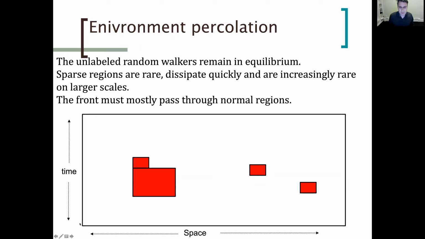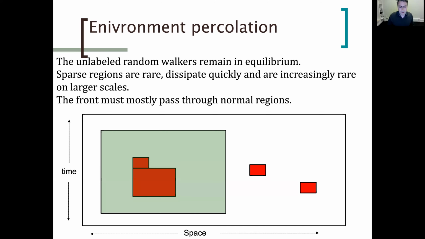If you look at space and time, you can study the probability that some region will be sparse at some particular time. The sparse regions may remain sparse for a while, but they'll tend to dissipate quickly, and the densities will smooth out. If you take some larger region, on average it will have a reasonable density, and then that will spread out and average out fairly quickly.